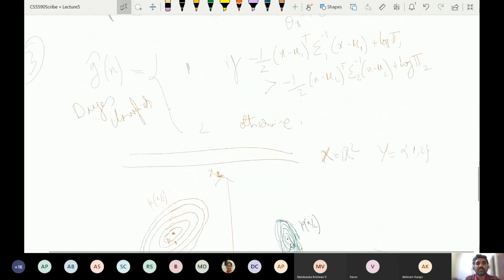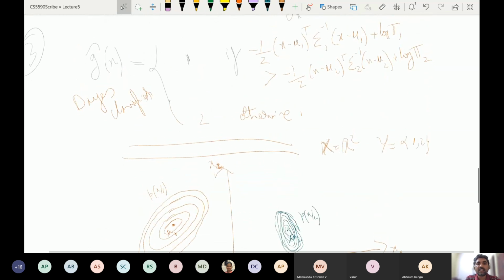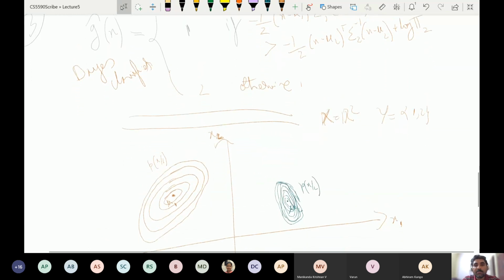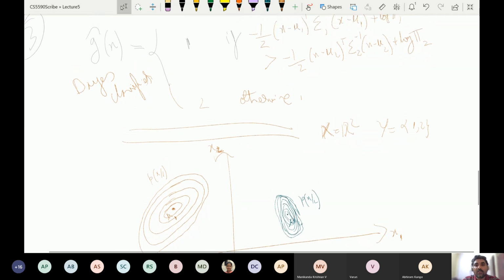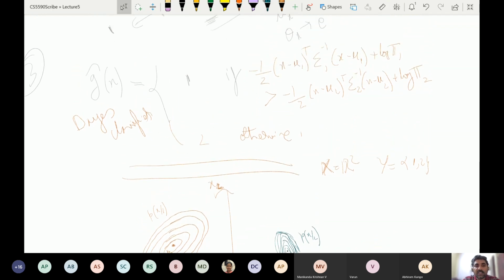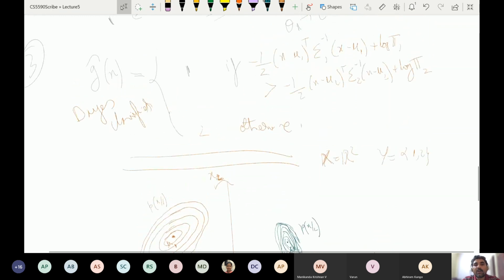So how will you visualize the classifier? One way is the following. When people want to visualize classifiers, especially in binary classification, they mark out the regions where there is exactly an equality, basically drawing the surface at which both classes have equal probability. If this is strictly greater than this, you will call it 1.